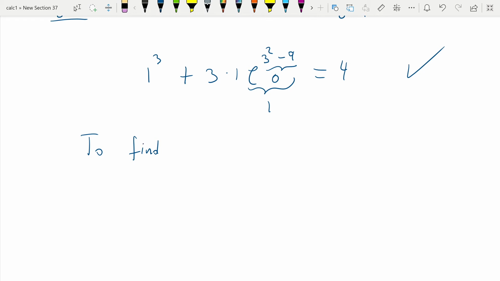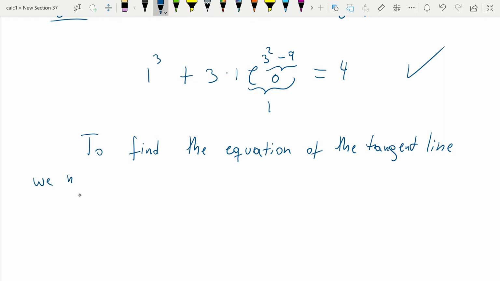To find the equation of the tangent line, we need 3 things: the point a, f at a, and f prime at a.